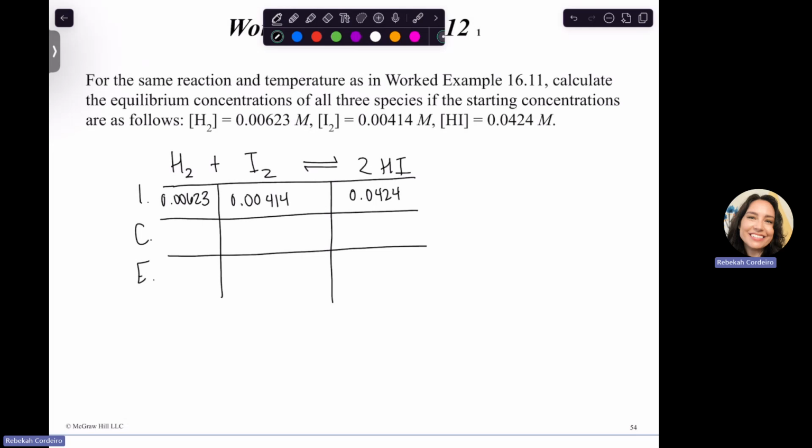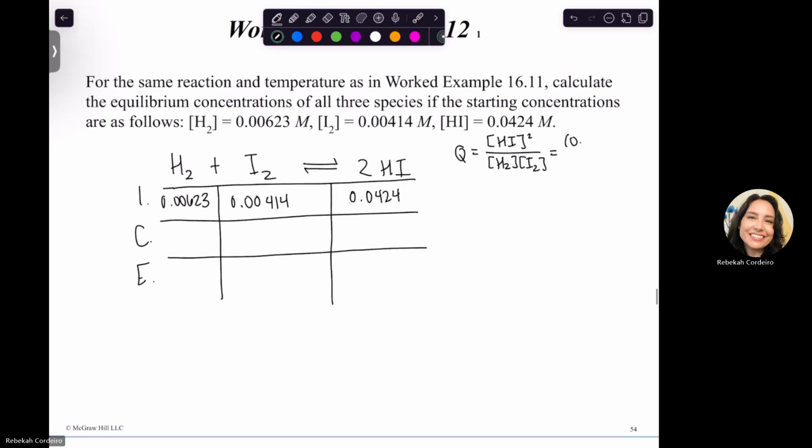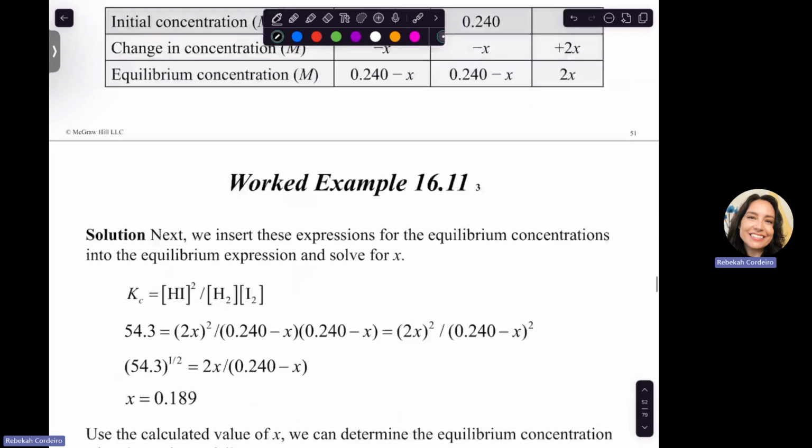Well, we can find our Q. Q is going to be products over reactants, just like K, but it's at any point in time. So we can plug in our values to get a Q, and then we can compare it to K. So we go back up to the first one.